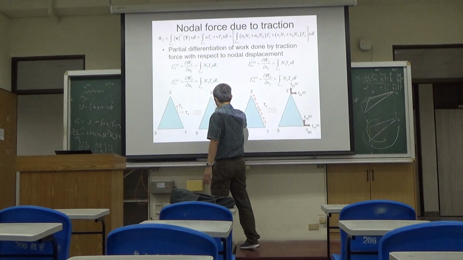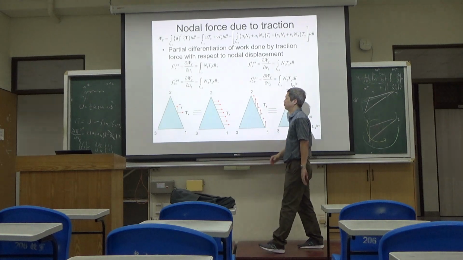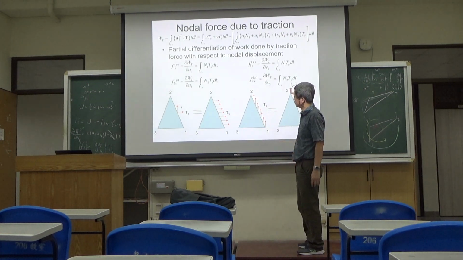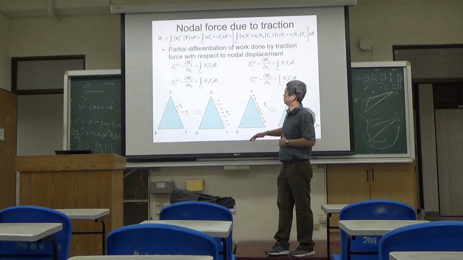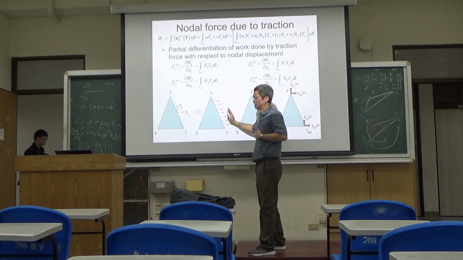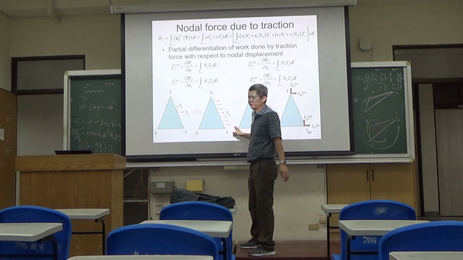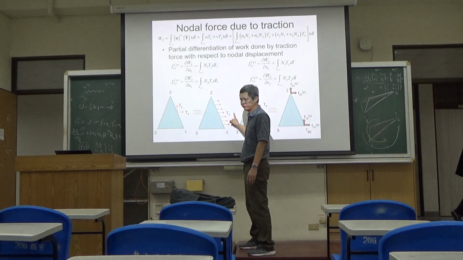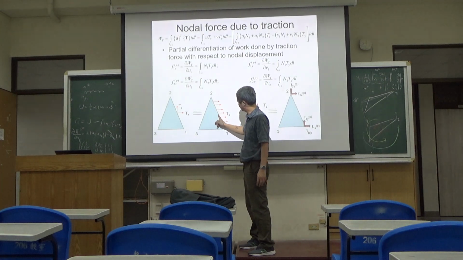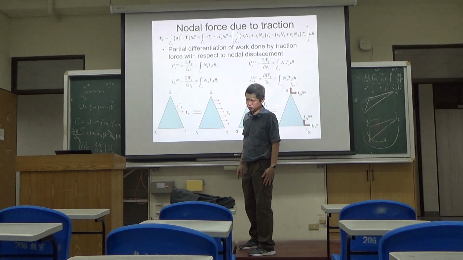If the force is distributed force, one way we do is we still use the energy method, but we try to find how much is the work done by the distributed force. So then you must find the horizontal force times the horizontal displacement along the line 1, 2.